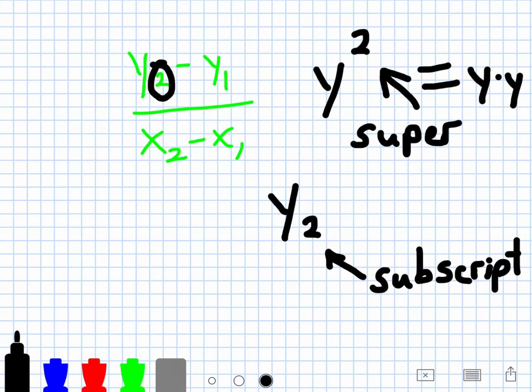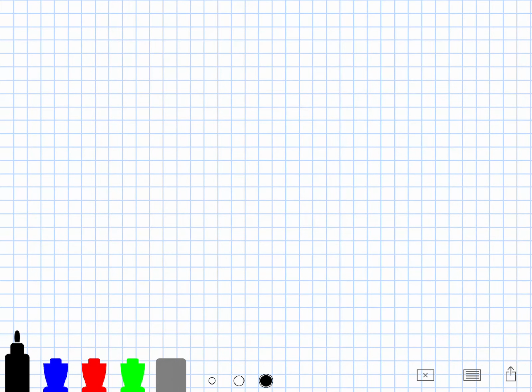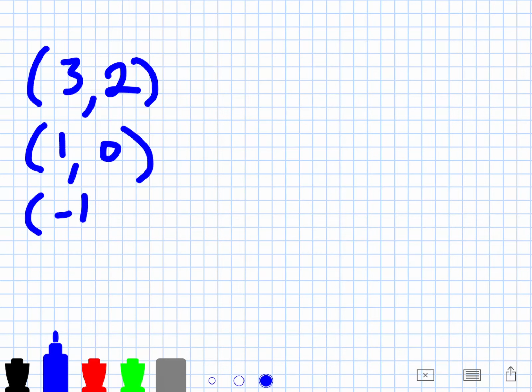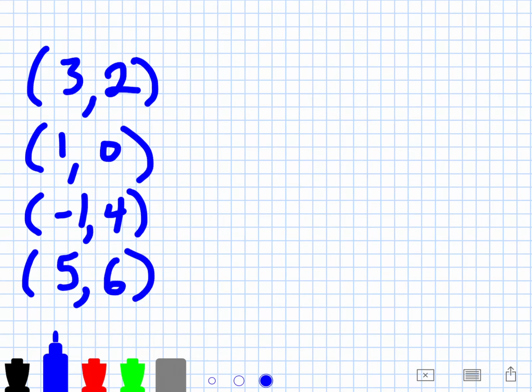So if we have a bunch of different points, let's say I have 3, 2, 1, 0, negative 1, 4, and 5, 6. And I say, okay, look at the x component of that one. You won't know which part I'm talking about, right?